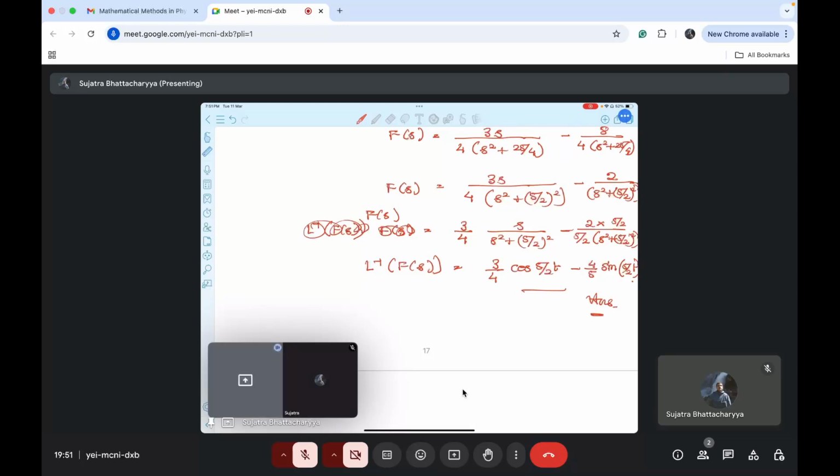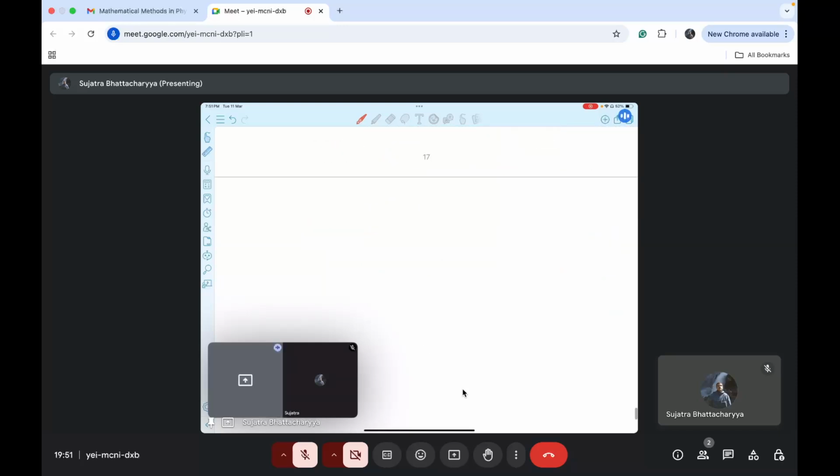We can do another question and finish today's lecture. The next question is: find the Laplace inverse of 1 upon 4s plus 16 upon (1 minus s square). How to do that? Simple.